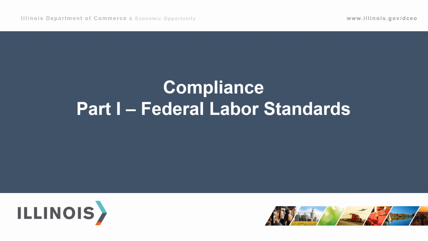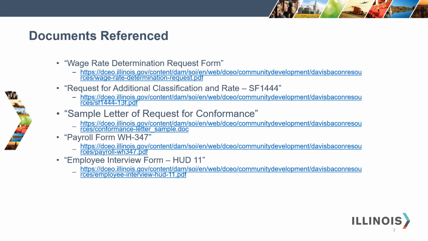Part 1, Labor Standards. The documents that will be referenced in this training include the Wage Rate Determination Request Form, the request for additional classification and rate from the Department of Labor, which is the SF 1444 Standard Form 1444, the sample letter of request for conformance, which must accompany the SF 1444 form, the payroll form WH347, and the employee interview form HUD 11.